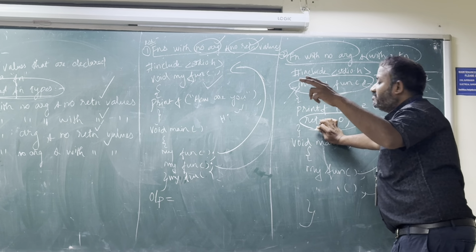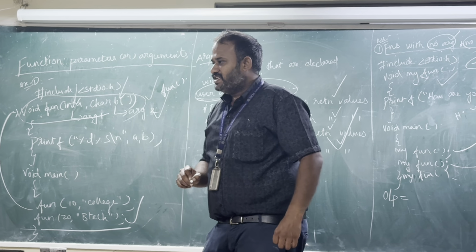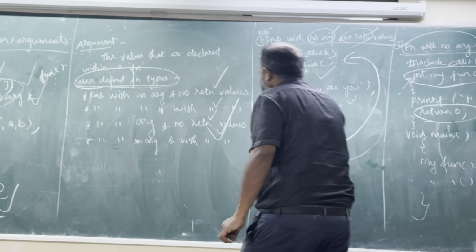Now you write for function with argument and no return values. So what is the program? Here with argument means we are going to declare two arguments, same as one is integer, another one is character. So this is the program. The final one, function with no argument with return values.